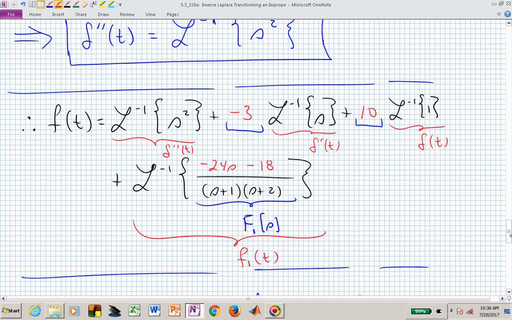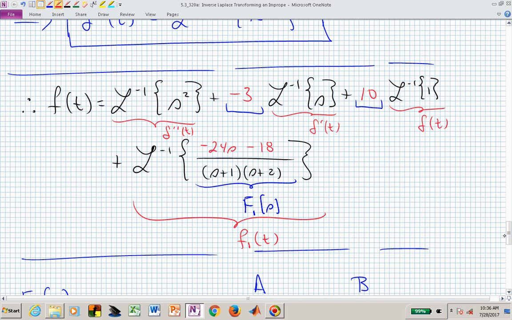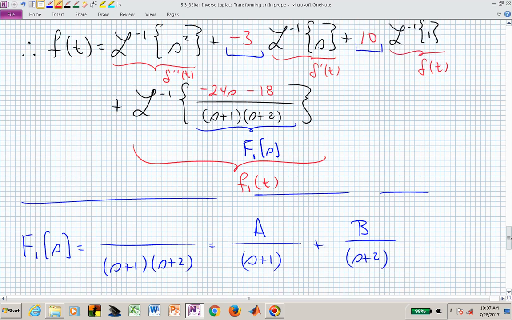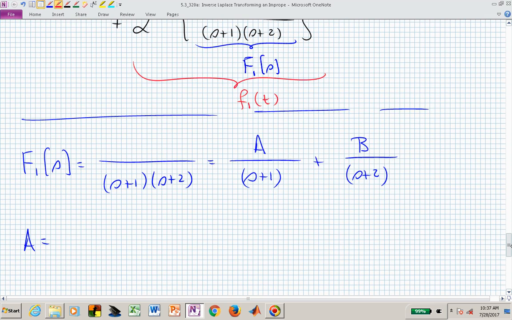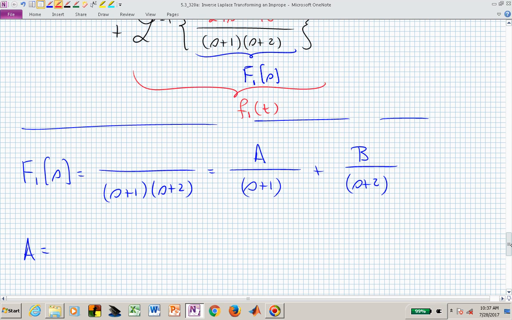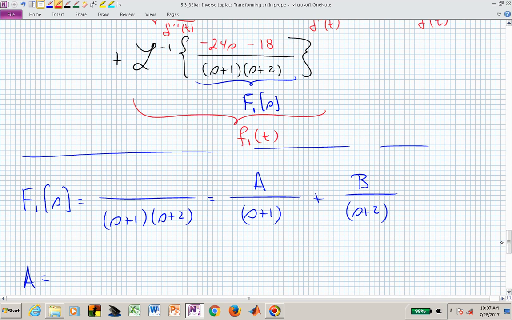That's maybe a more accurate way of denoting what we want. So we've now split little f of t up into parts, with the first parts being derivatives or not of the impulse function, and the second part, which is the traditional inverse Laplace transform of a strictly proper transfer function.